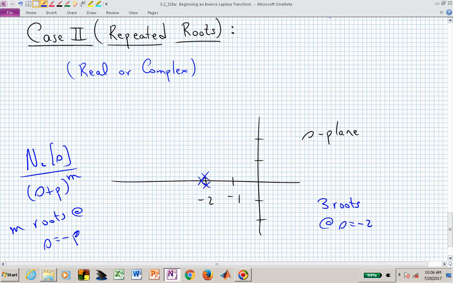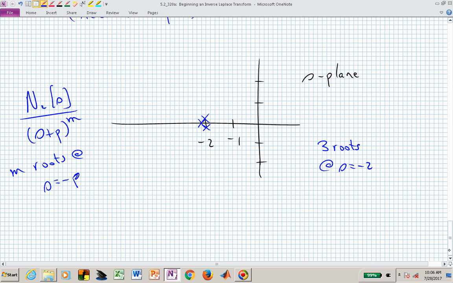They're stacked on top of each other, and if I drew that accurately, you wouldn't know whether there were 1, 2, or 3 unless I did some other kind of notation, which is why I sort of spread them out a little bit so that you can now see, oh, indeed there are 3 roots at s equal to minus 2.